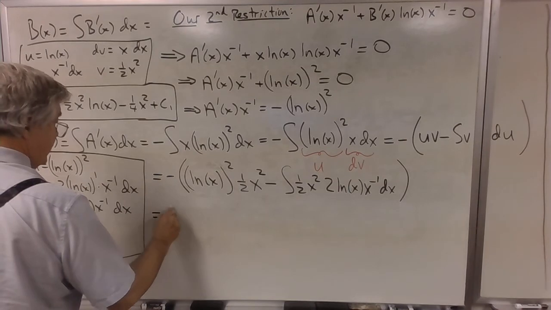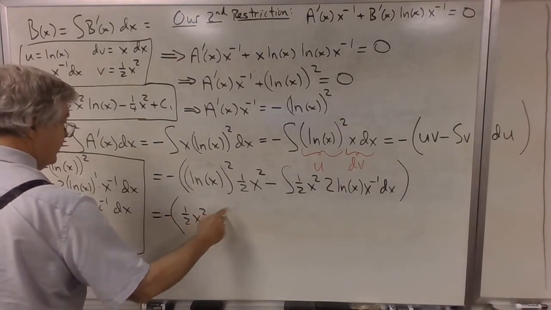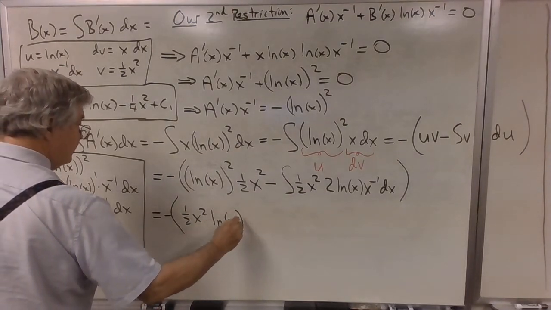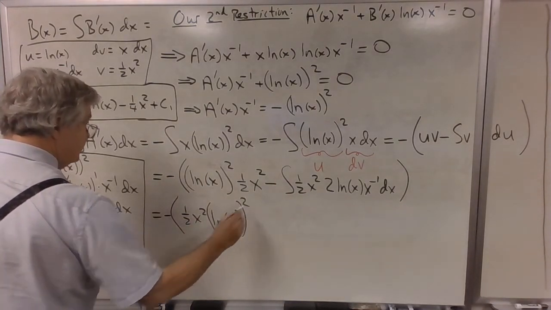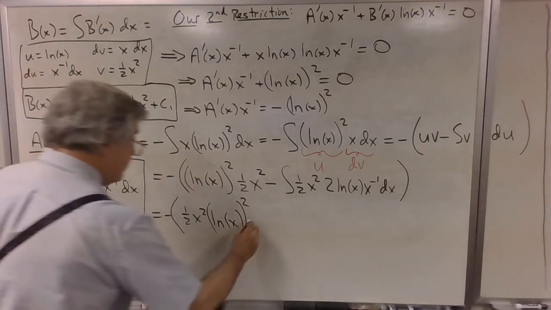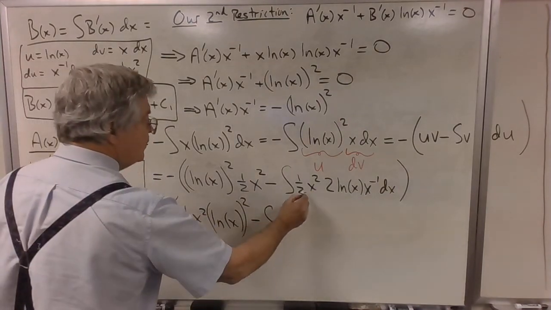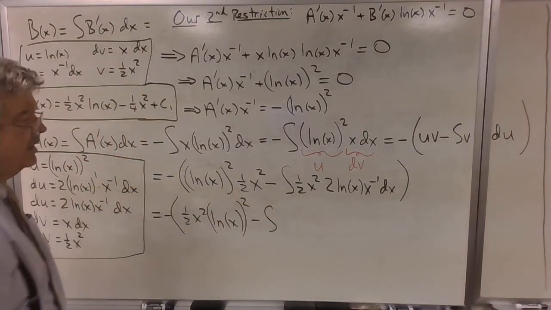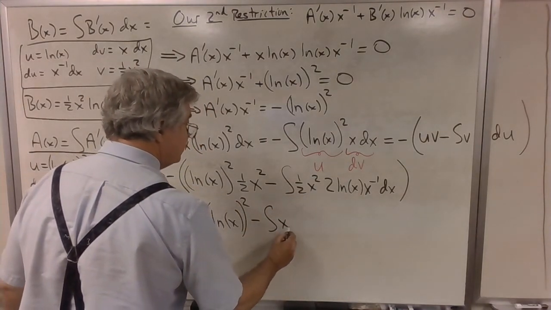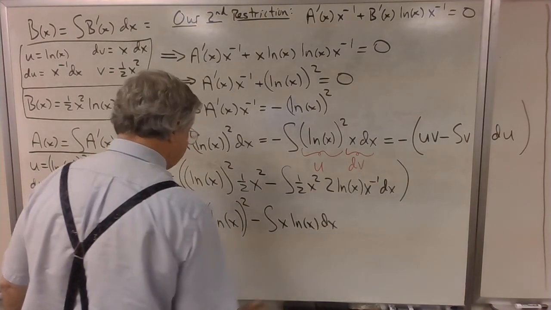And that's negative 1/2 x squared, I'll put this out front, natural log of x quantity squared, minus the integral. Let's see, 2 and 1/2 cancel. x squared times x to the negative 1 is just x. Natural log of x dx.